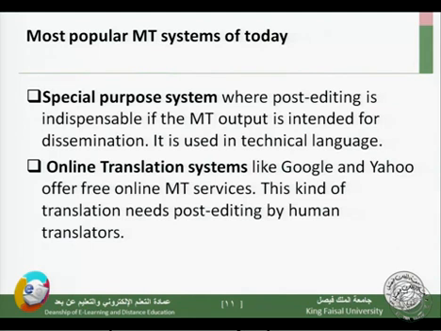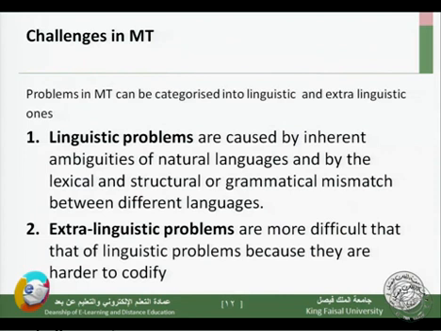All right? Now, this doesn't mean that we cannot use machine translation. Of course, we can use machine translation and benefit from computer-aided translation programs, but machine translation has certain challenges.